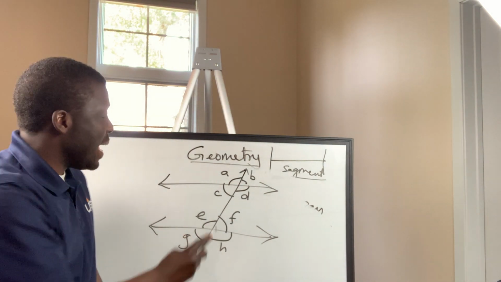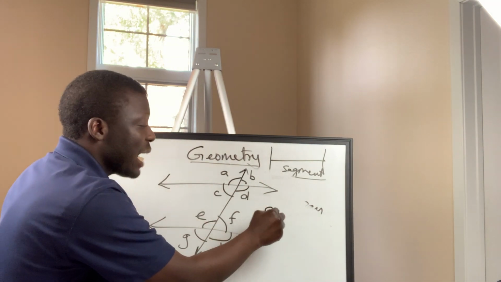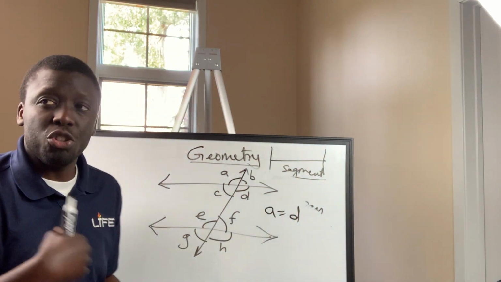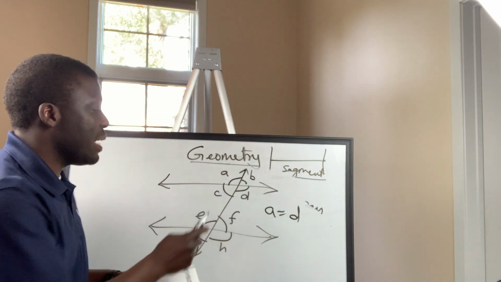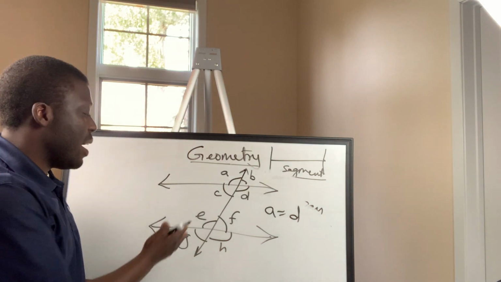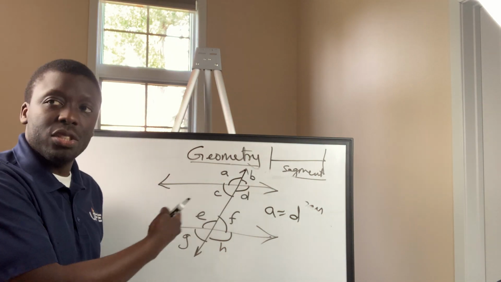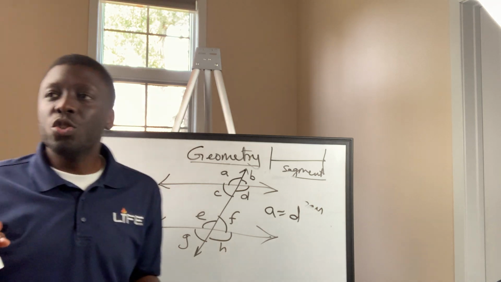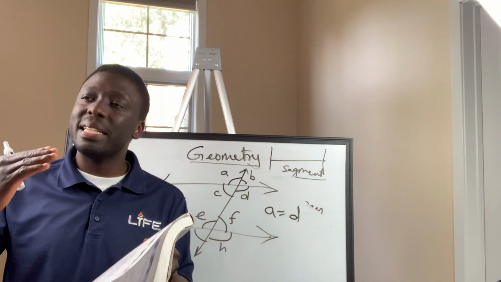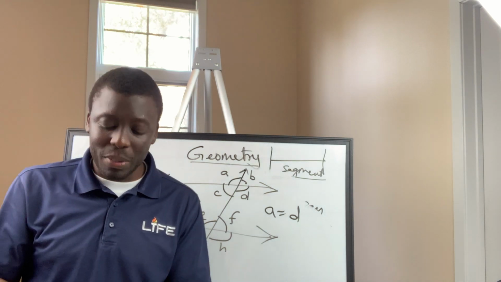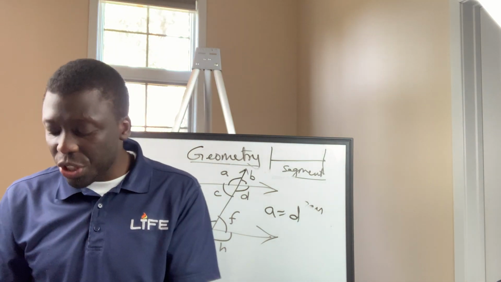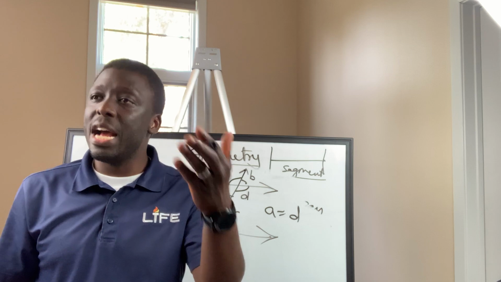A has a relationship to D. They're actually equal. This is just me introducing the parallel lines idea. A is equal to D, and B is equal to C. E is equal to H, and G is equal to F, and so on and so forth. So when you have a transversal drawn between two parallel lines, a relationship begins to exist. So in geometry, you're going to learn about parallel lines and transversals.